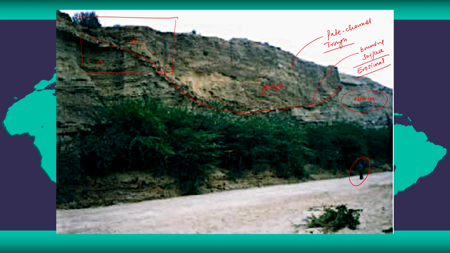For example, if you put in a block diagram here, you have all horizontally deposited sediments, as we were talking about as a thumb rule, and then some faulting has happened, which has resulted in displacement.